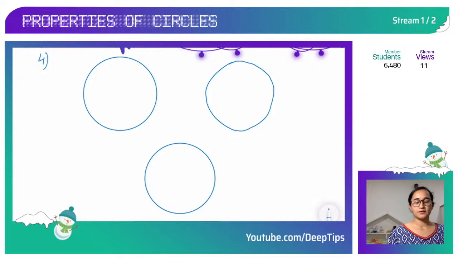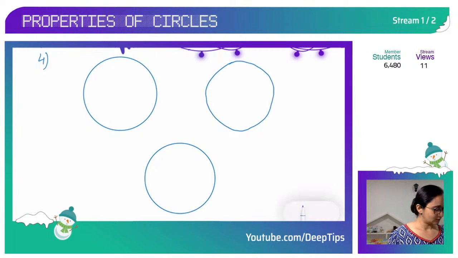Okay, so I have drawn 3 circles. Now pay attention. You will be really surprised to see how we derive a different kind of theorem from what we have learned so far.